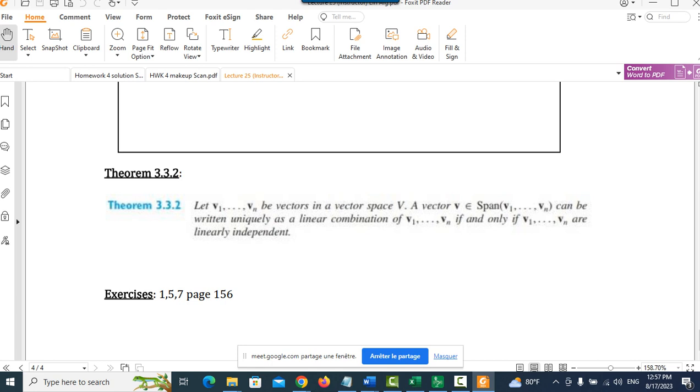So if that vector forms a linear combination with the vectors inside of that span, that linear combination will be unique if and only if the vectors v1 through vn are linearly independent. Okay, so that's what this theorem is actually saying.